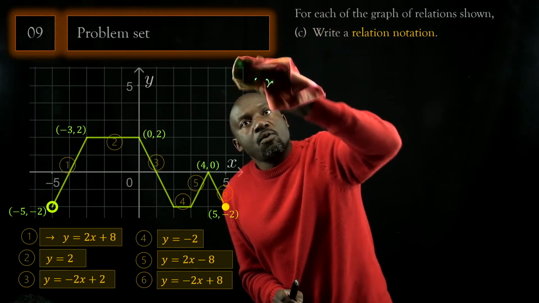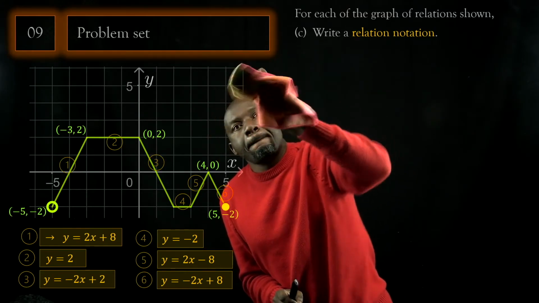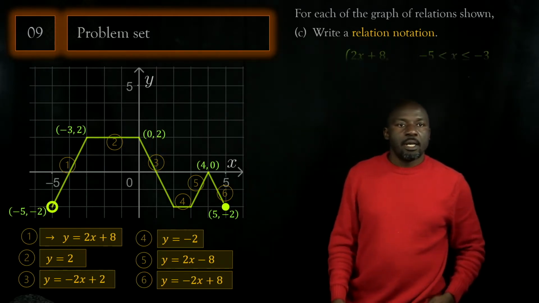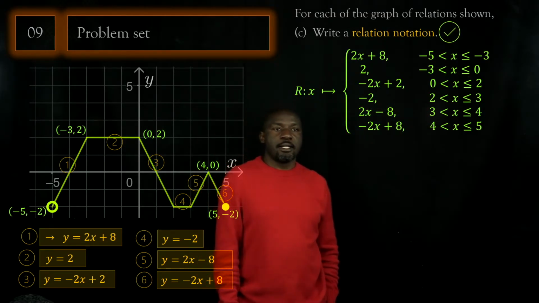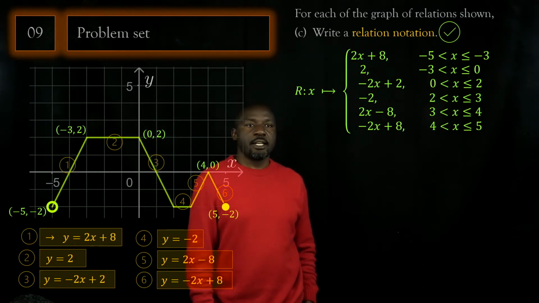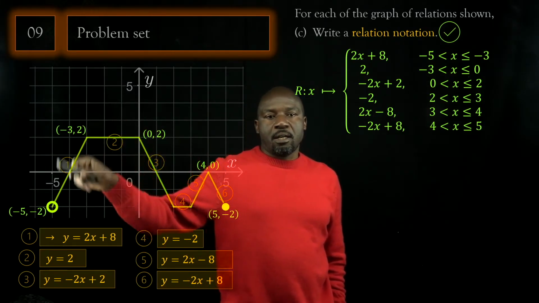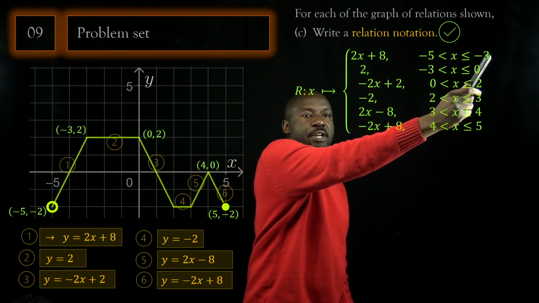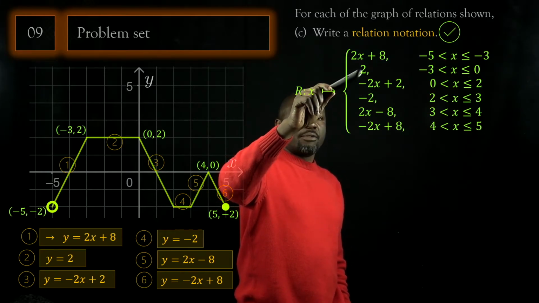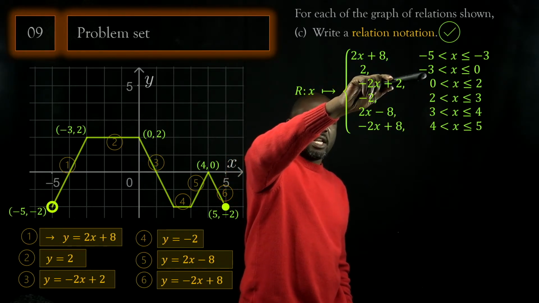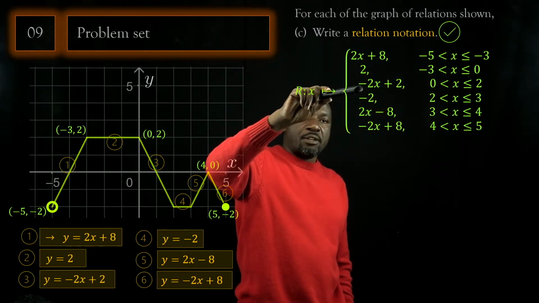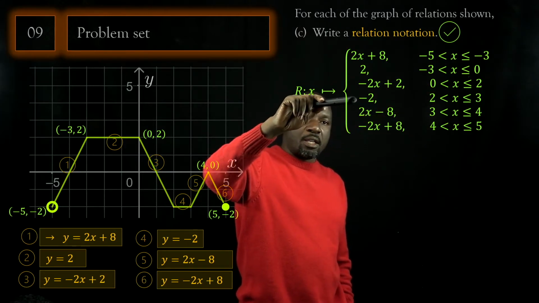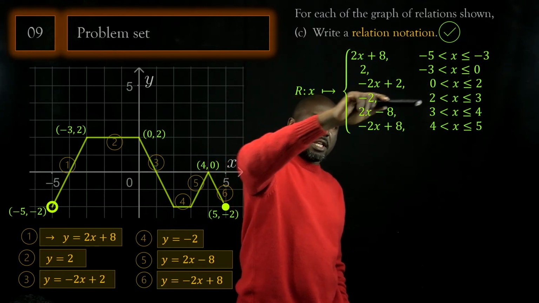So if we write that down, what do we get? All right, writing that down, I should get that. It should make sense. It's telling me that the relation has a value of this for that range of values of x. When I move further, the value is 2, anywhere between negative 3 and 0, and the value is given by this rule between 0 and 2, given by that rule between 2 and 3, and so on.